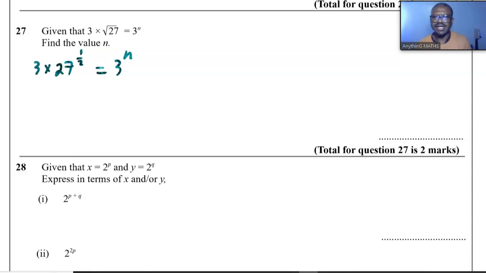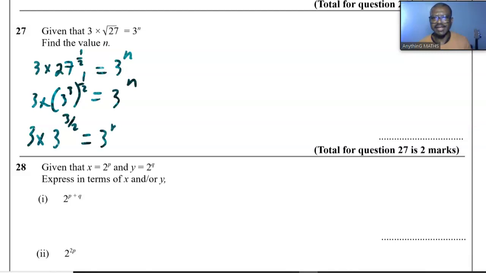We can then also write 27 as a power of 3. So 3 times 3 raised to the power 3, all raised to the power half, should be equal to 3^n. And it becomes 3 times 3 raised to the power 3 over 2 is equal to 3^n.